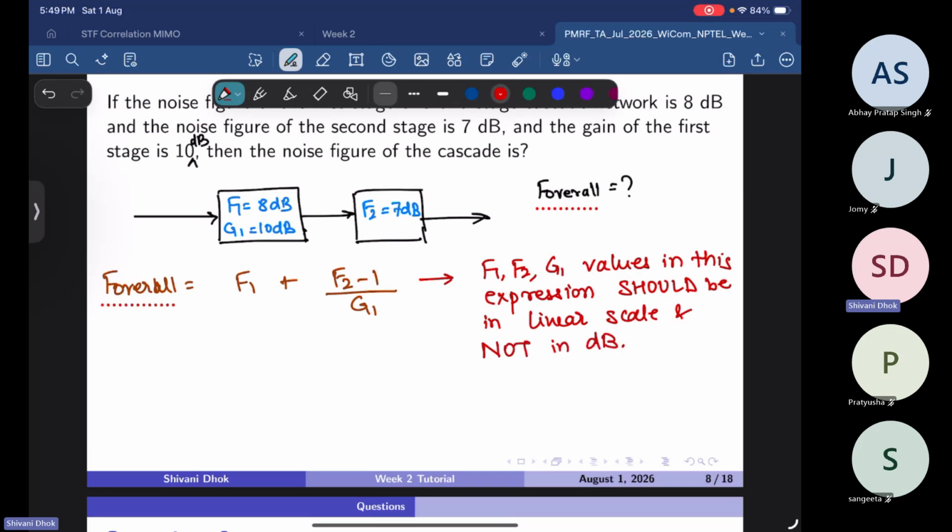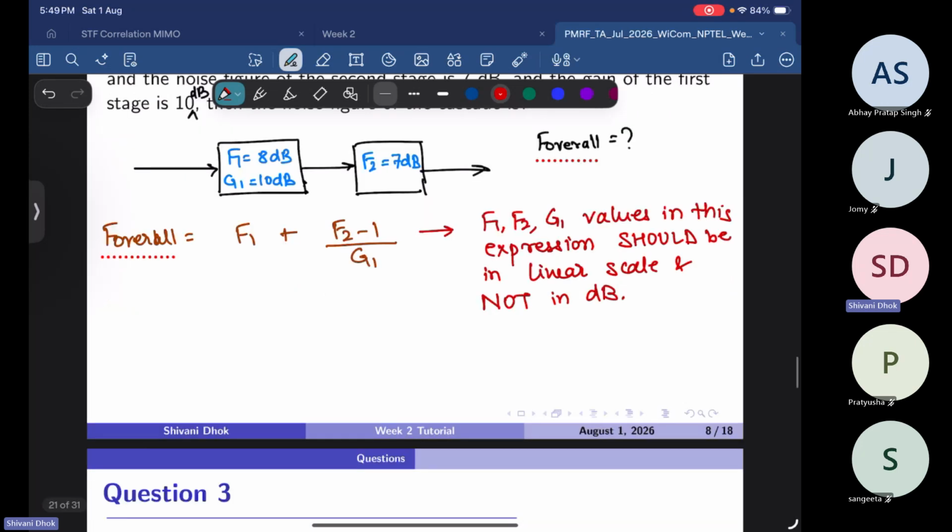Whenever you are given such values, the first thing you need to do is convert them to linear scale. So every time, step 1 is convert dB values to linear scale.